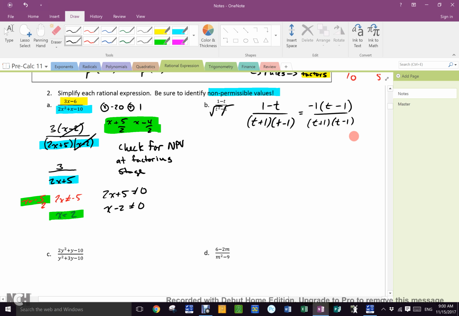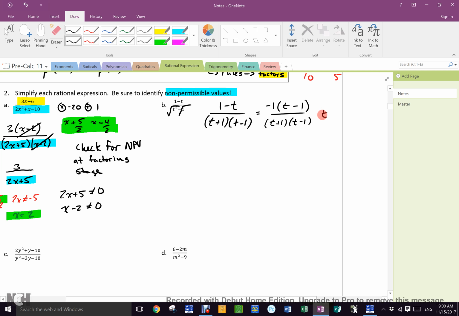So what are the NPVs? What is t not allowed to equal? T can't equal? No. If it's 0, then it would be 0 plus 1 and 0 minus 1. And the bottom would be negative 1. This appears to be causing problems. What's not allowed to be 0?